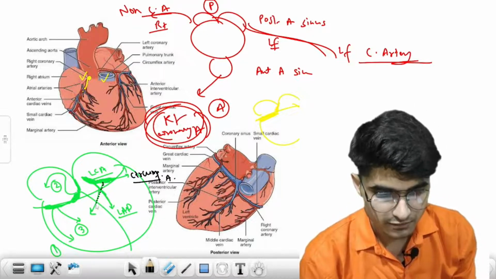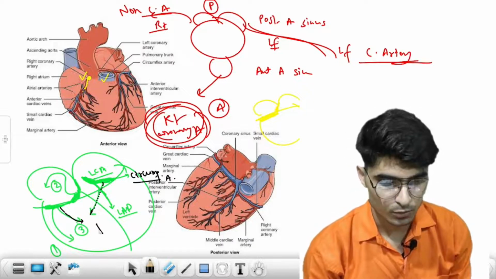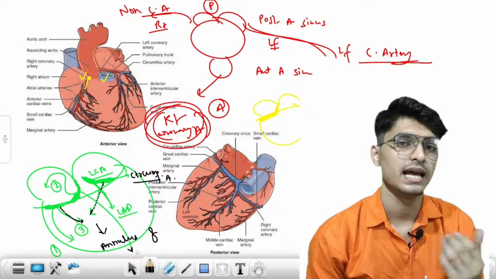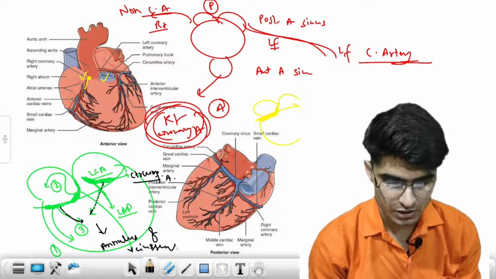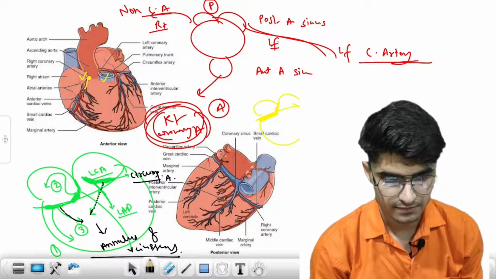The left circumflex artery gives another branch, the left conus artery, forming an anastomosis with the right conus artery, and both these arteries form an annulus, called the annulus of Vieussens.